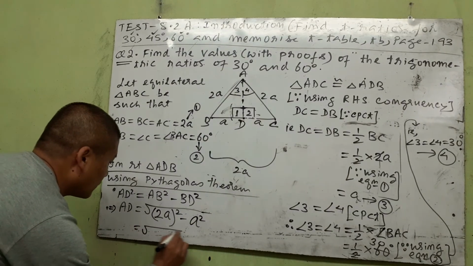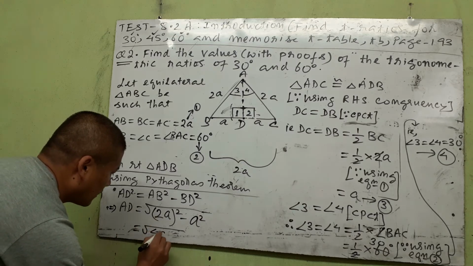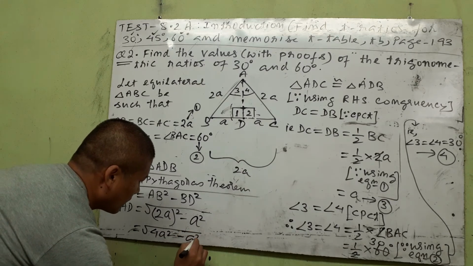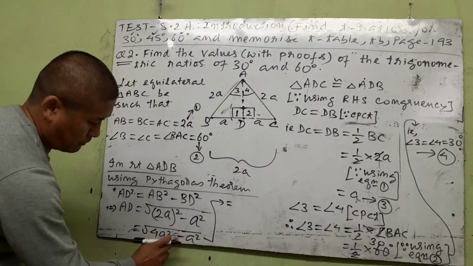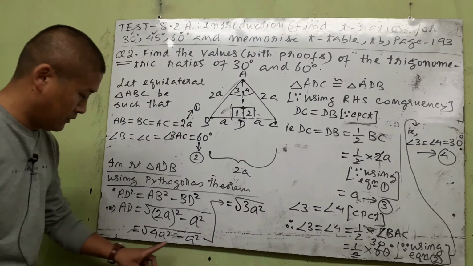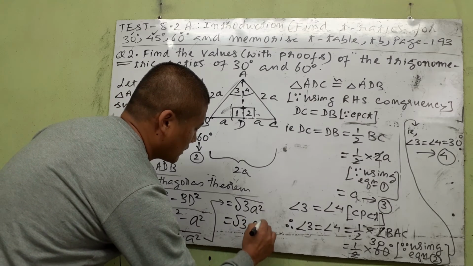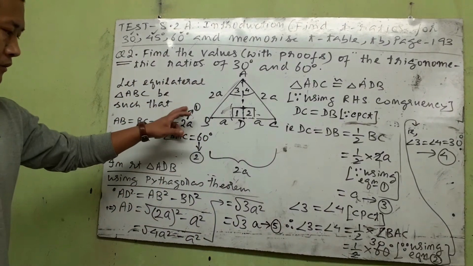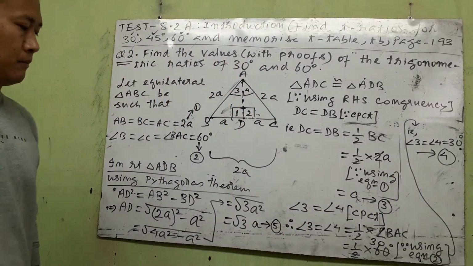So it will give you root over 2 2s are 4, A square minus A square. That will be equal to root over 4A square minus 1A square, which is root over 3A square. Root 3 can't be removed, so we just keep it there, and A square will come out as a single A out of the root. Equation number 5.